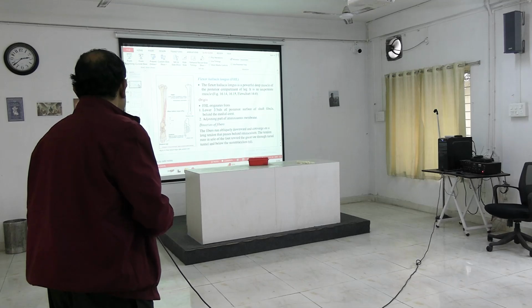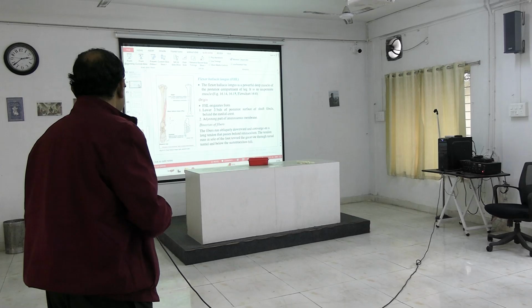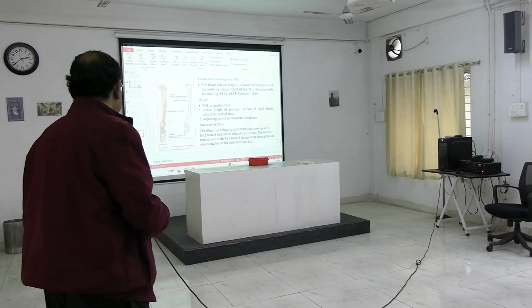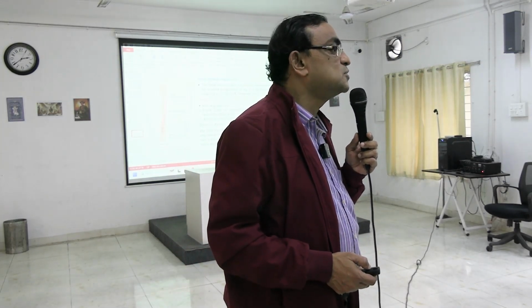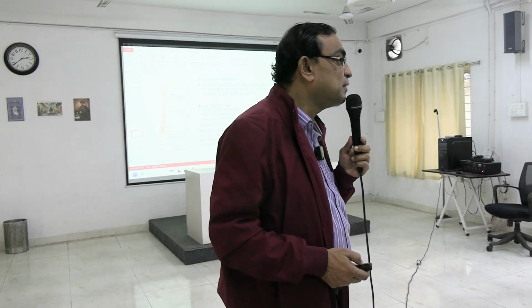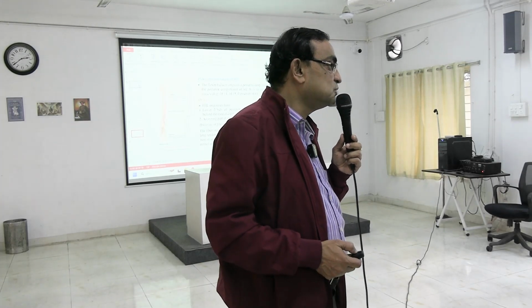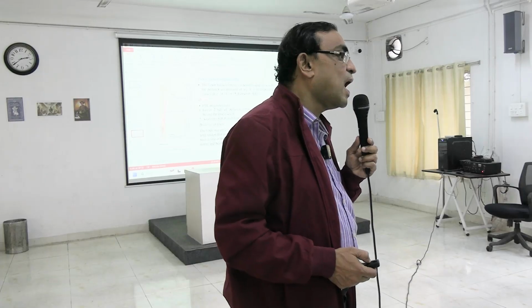Here we can see another muscle taking origin from the posterior surface of the fibula, that is the Flexor Hallucis Longus. Its destination is the plantar aspect of the distal phalanx of the great toe. It causes flexion of the great toe or the hallux, so it is called Flexor Hallucis Longus.